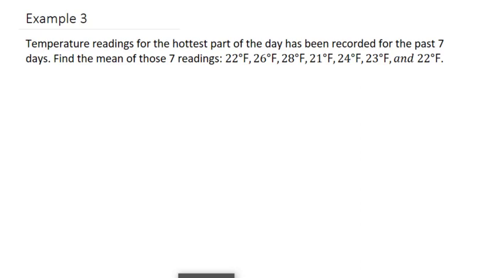Example 3. Temperature readings for the hottest part of the day has been recorded for the past 7 days. Find the mean of those 7 readings. So we have 22, 26, 28, 21, 24, 23, and 22. So like before, we're going to add these up.